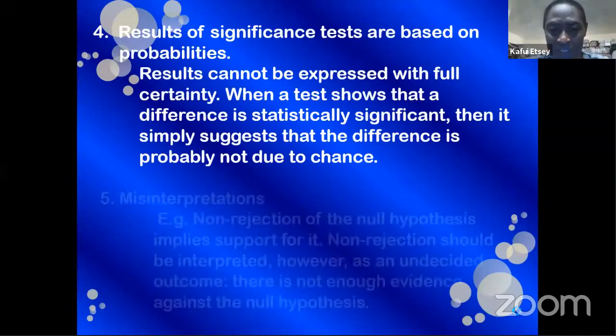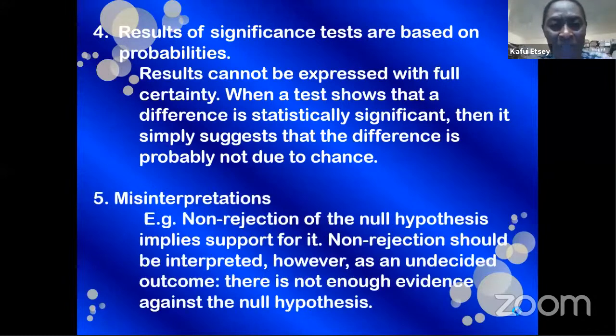Then if we look at the fifth one, often there are misinterpretations of hypothesis tests. For example, a non-rejection of the null hypothesis implies that there is support for the null hypothesis. For example, our null hypothesis states that the mean age of level 100 students in the University of Ilorin is 24 years.